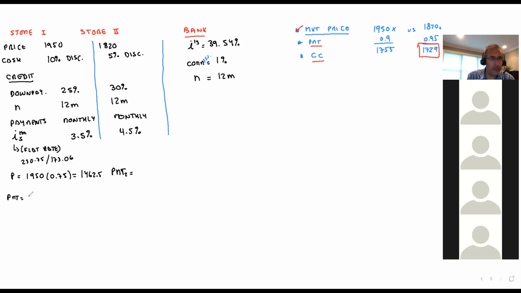Okay. Now I can compute my payment. My payment is going to be simply 1,462.5 multiplied by 1 plus 0.035 multiplied by 12 months divided by 12.